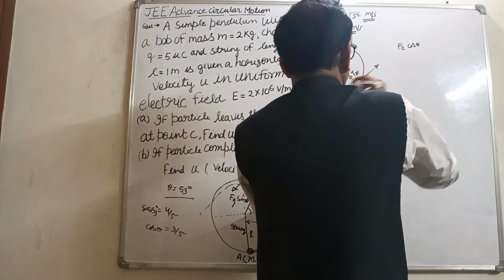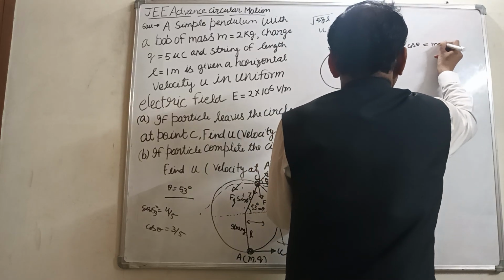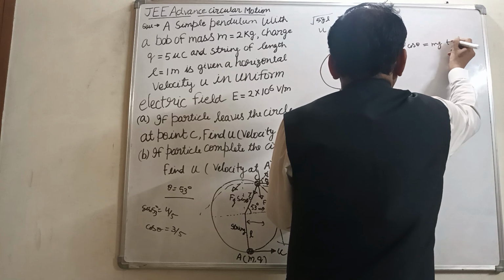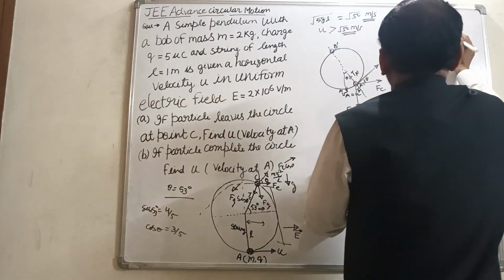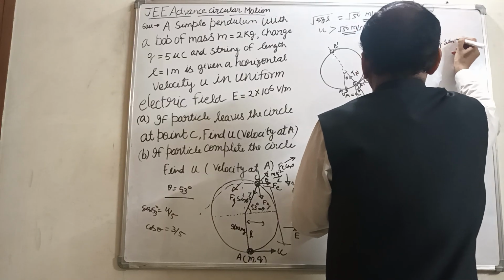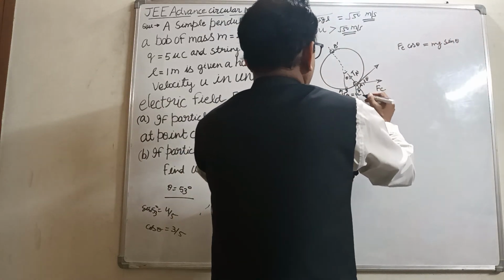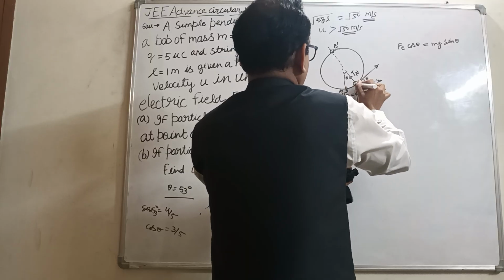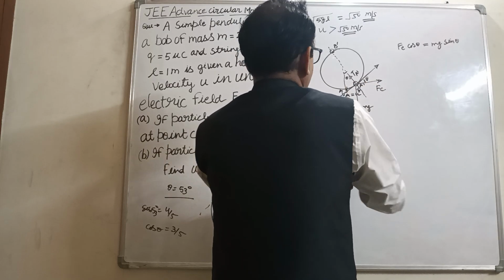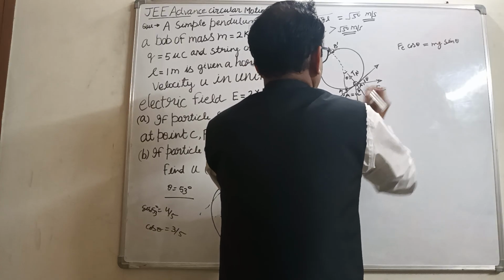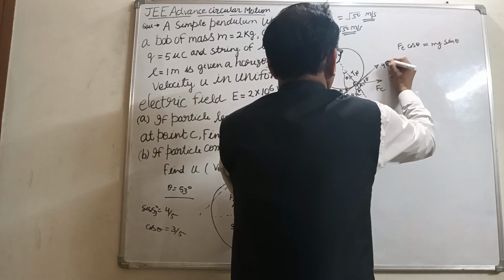So mg sin theta: this angle is theta, so the tangential component in this direction would be mg sin theta, or this would be Fe, QE cos theta.